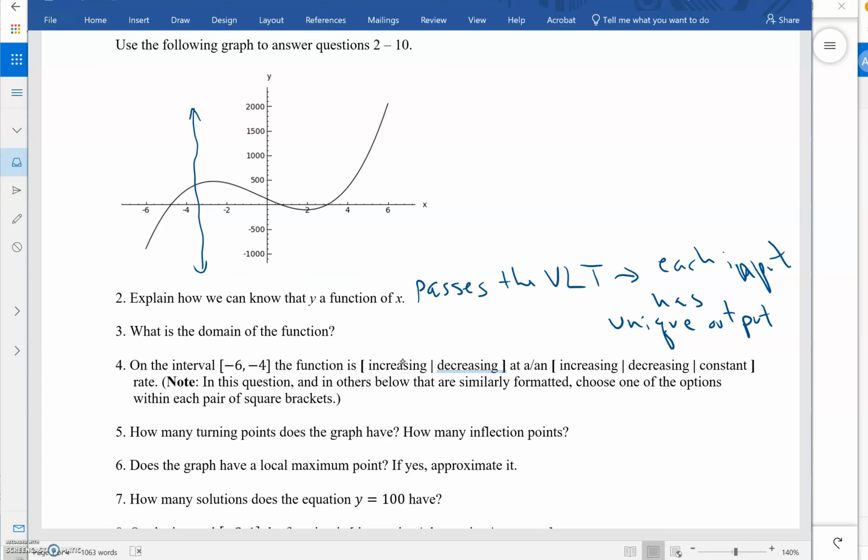Okay, so yes. All right, what about number 3? What is the domain of the function? Let's assume there is a little arrow here and here. If we had a picture with a dot there, then I would assume the function stopped where those dots were.